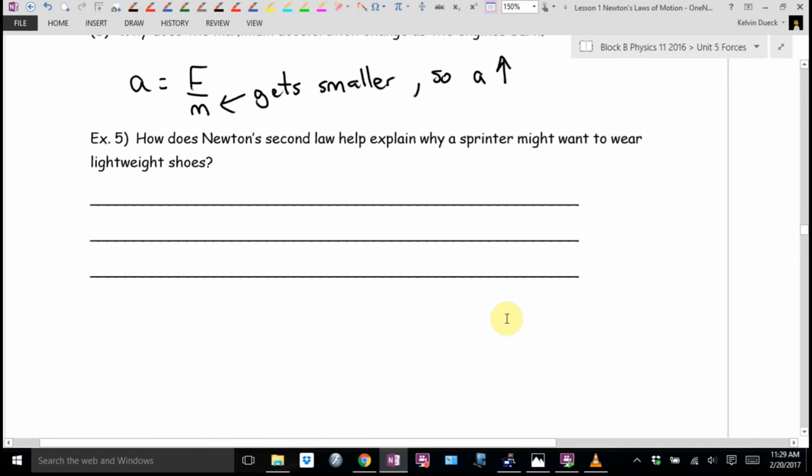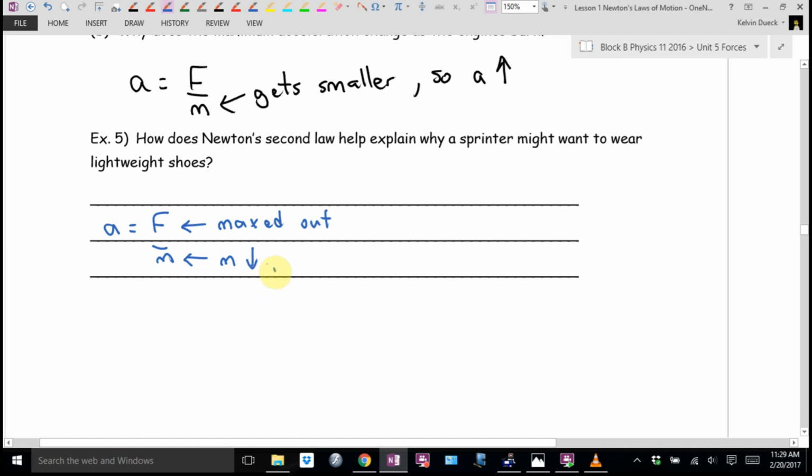How does Newton's second law help explain why a sprinter might want to wear lightweight shoes? Okay, so let's suppose you're Usain Bolt. And you've lifted weights as much as you can. You've maximized the force. If this is maxed out, Tato, how can I get a bigger acceleration?